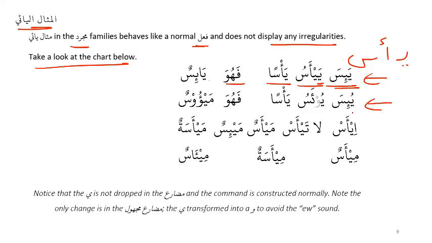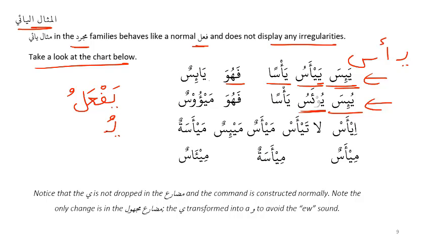Then we come to majhul. Majhul is fu'ila. So on the fu'ila pattern, we have yu'isa. And then this is where an issue comes. What would you expect the mudare majhul to look like? The regular mudare, or ma'lum, is yaf'alu. What does the majhul look like?